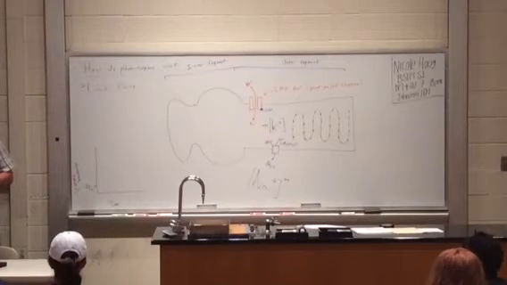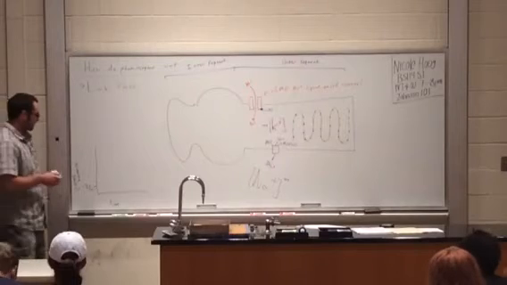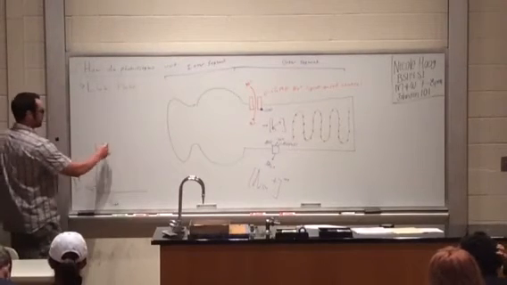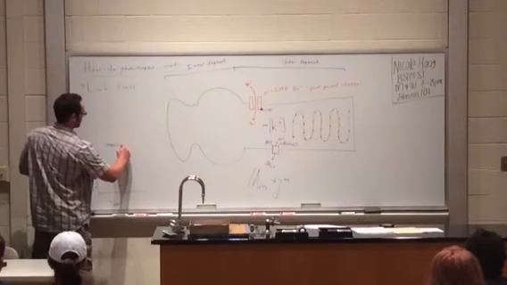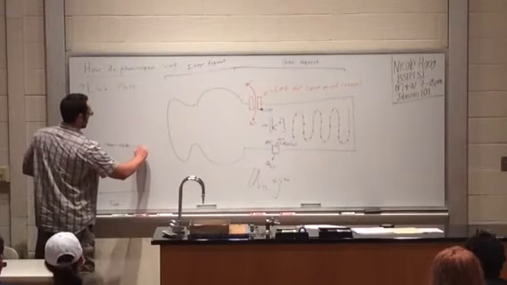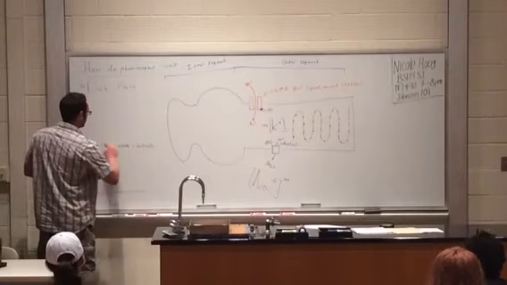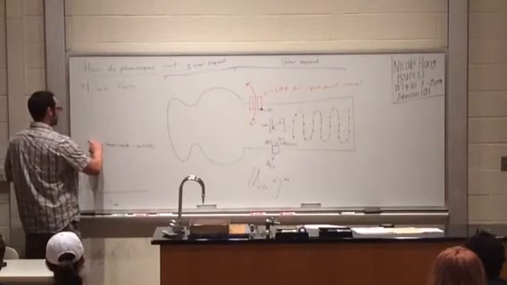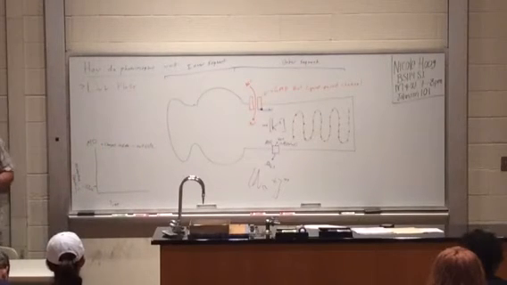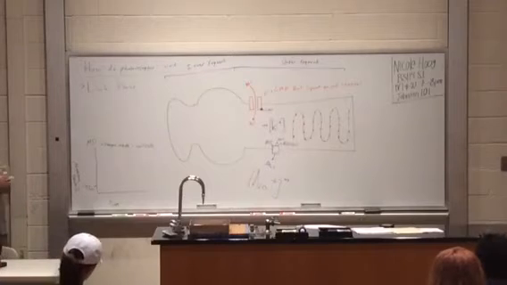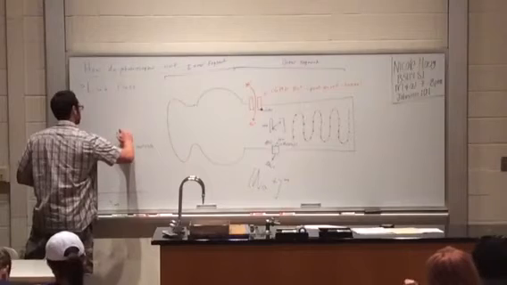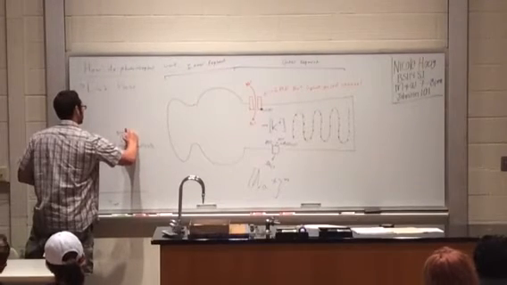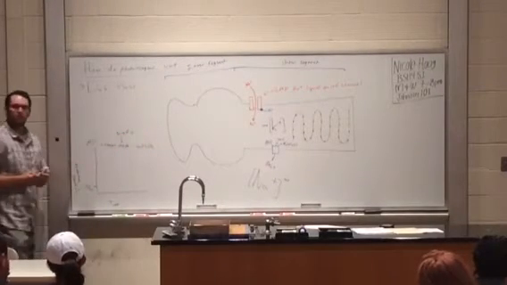But remember what happens if you start allowing sodium to move into the cell? Your membrane potential is charges inside minus outside. So if you start bringing positive charges inside the cell, what happens to the membrane potential?